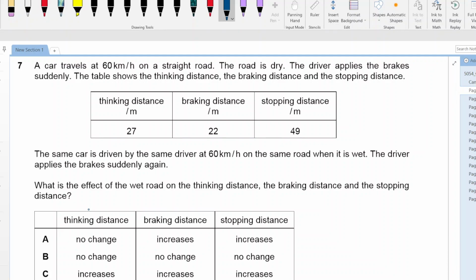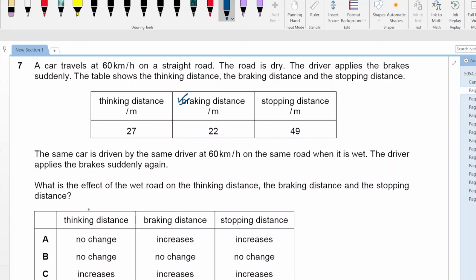The road here is given as wet. Therefore, it has no connection with thinking distance. Therefore, thinking distance is unchanged, and for wet road, the road provides less frictional force.